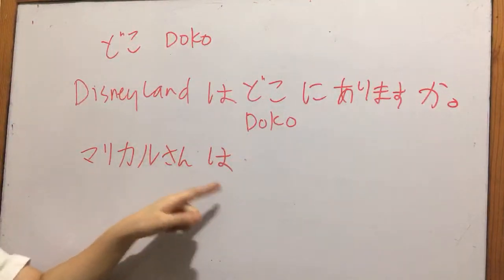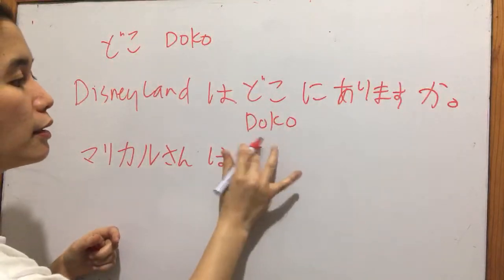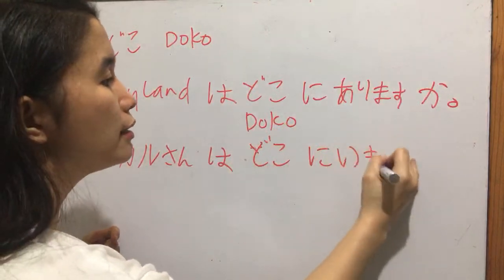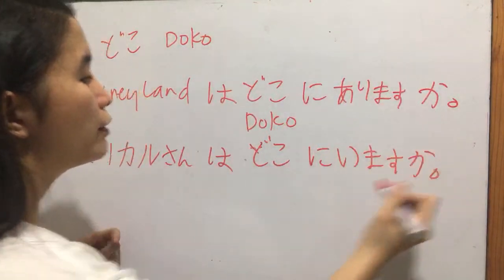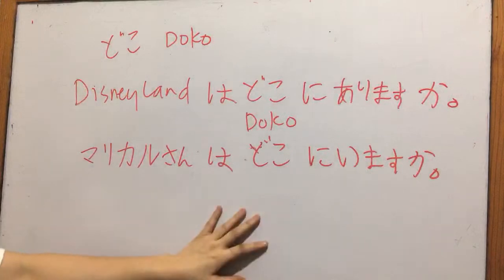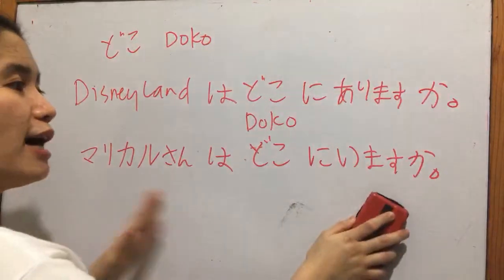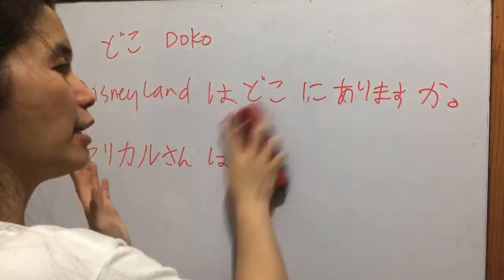So, Marikar-san wa doko ni imasu ka? Where is Marikar? Or where is Miss Marikar? Okay, we're clear on this. Doko ni arimasu ka or doko desu ka? But before, it's doko desu ka. Now, okay? Doko ni arimasu ka?